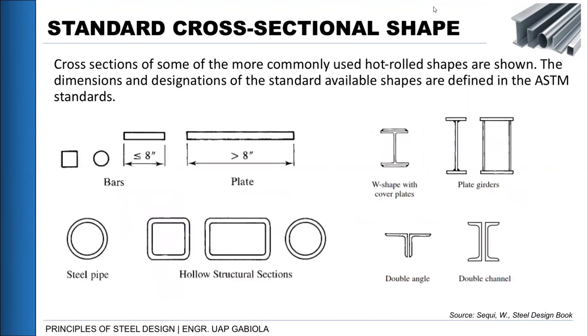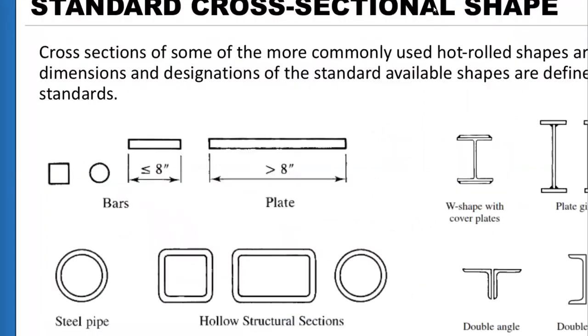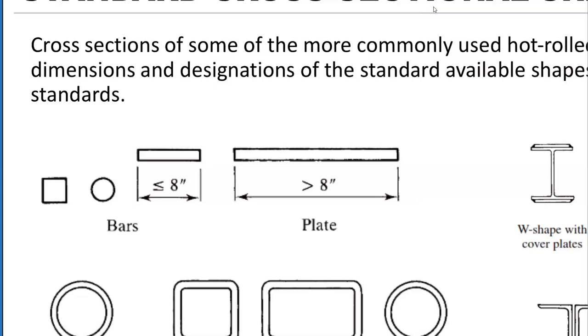When we talk about bars and plate, we can say daw na bar yung isang steel material if its width is less than or equal to 8 inches. So 8 inches is roughly 200 mm. So if it's less than or equal to 200 mm, we can call it a bar. But when our width is beyond 200 mm, it would be called a plate.